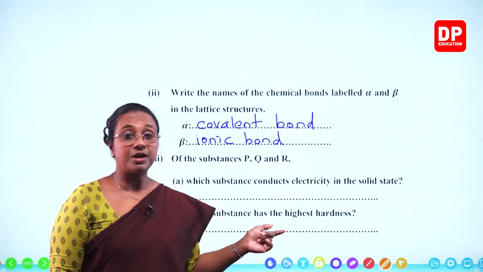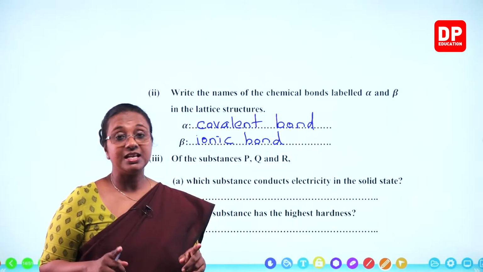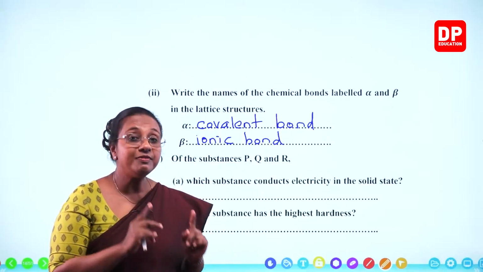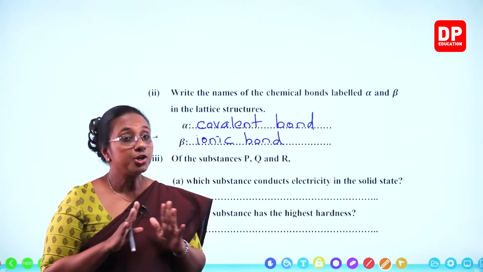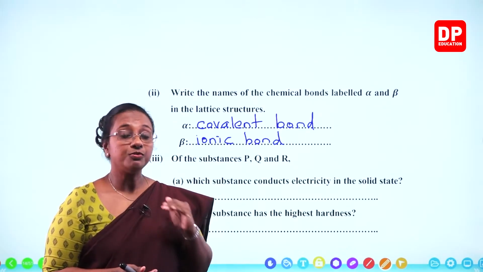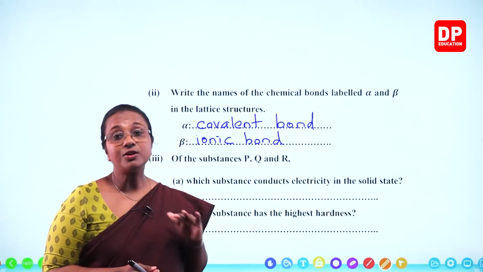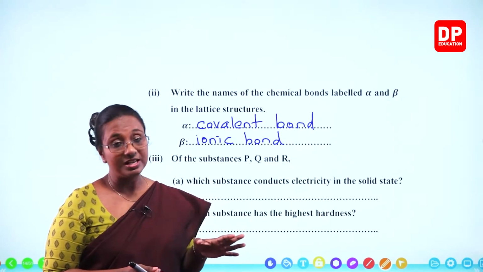But sodium chloride, although it's an ionic compound, in the solid state, all the ions are fixed charges. They are not mobile. They cannot move. So, because there are no free mobile charges or mobile ions, it cannot conduct electricity in the solid state.